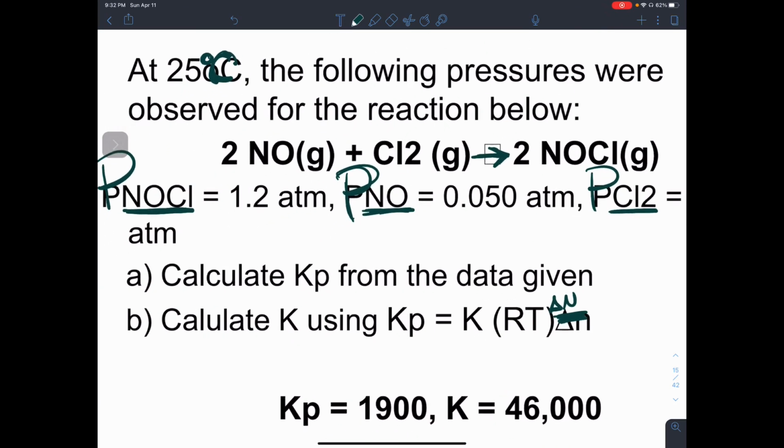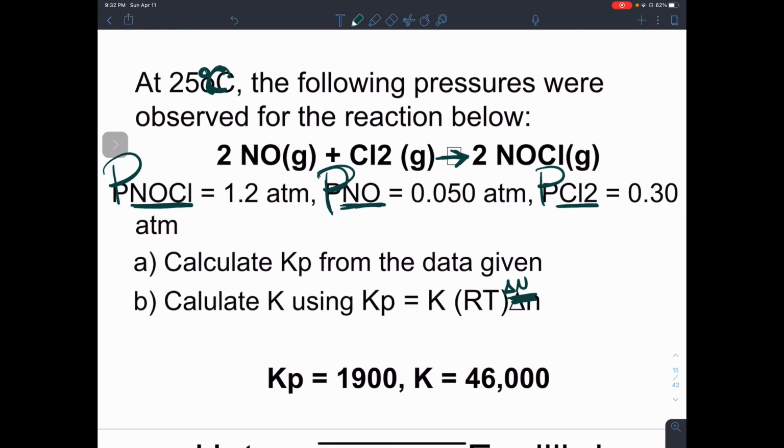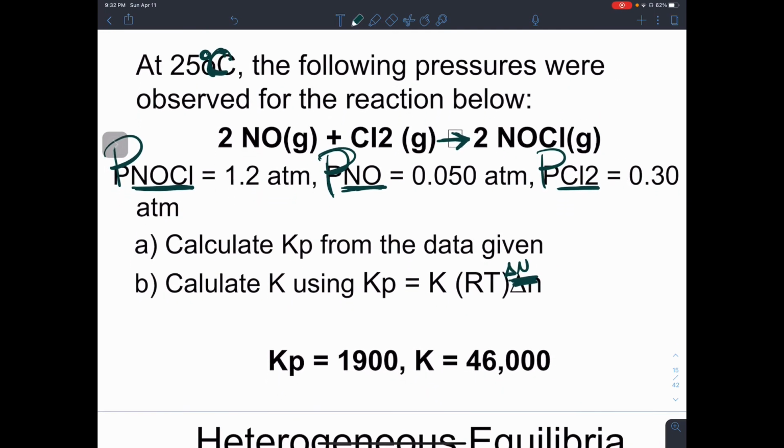All right, so let's take a look at the equation we've been given here. 25 degrees Celsius, so we know the temperature is constant. The following pressures were observed. Okay, we've been given all the pressures, so all we have to do is plug them in to find KEQ. Kp is going to be equal to the products raised to their coefficients over the reactants raised to their coefficients, excuse me.